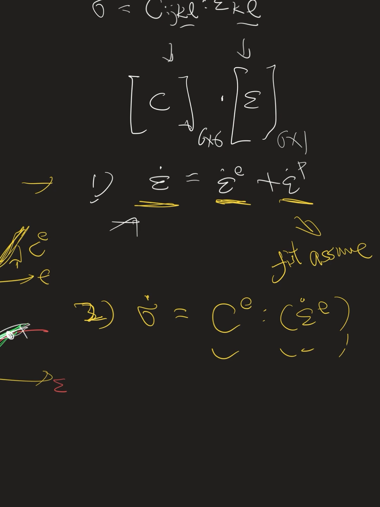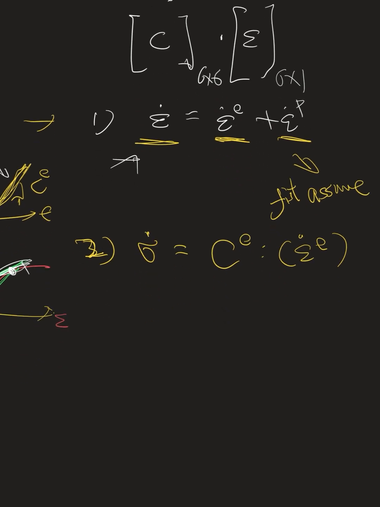Here I'm just assuming linear elasticity to simplify the problem. And then the third ingredient I need is simply to ensure that the yield function, in the case of perfect plasticity, when I evaluate it, is either equal to 0 or smaller than 0. It cannot be bigger than 0.